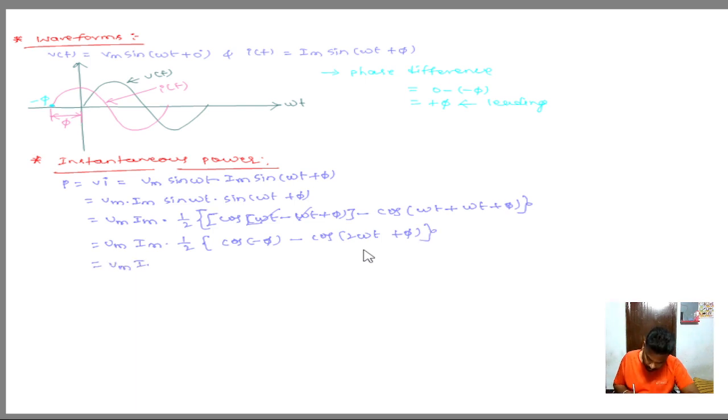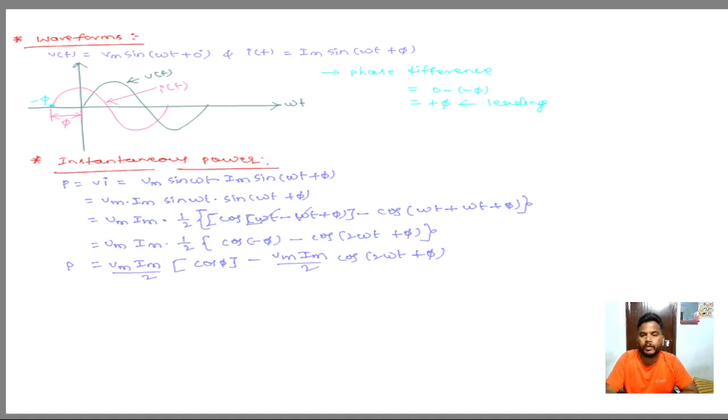So Vm Im by 2 cos phi minus Vm Im by 2 cos of 2 omega t plus phi. This is the instantaneous power.